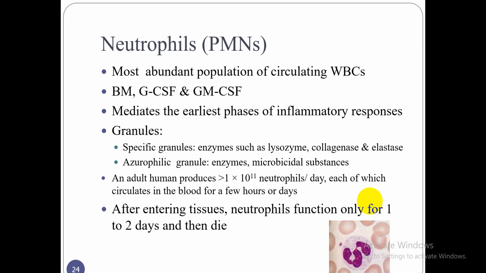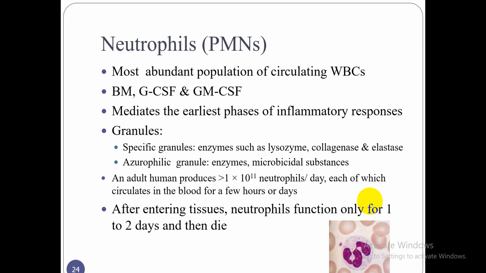They are produced in bone marrow, and cytokines like G-CSF and GM-CSF have a prominent role in production and maturation of neutrophils in bone marrow.